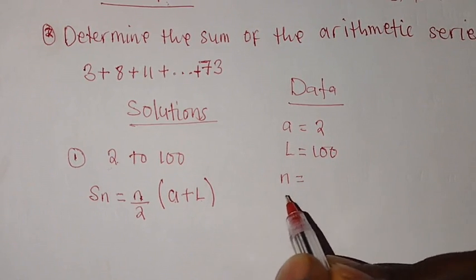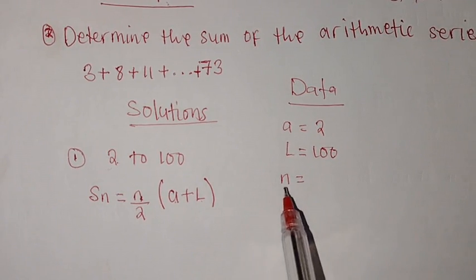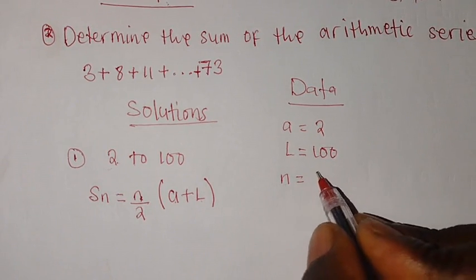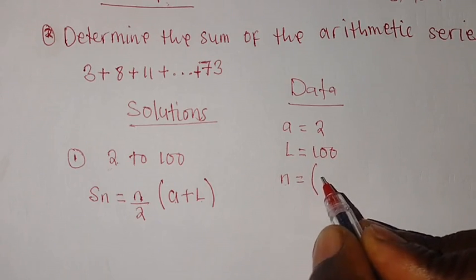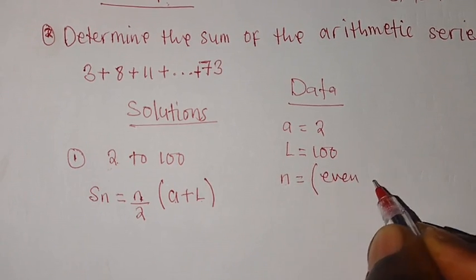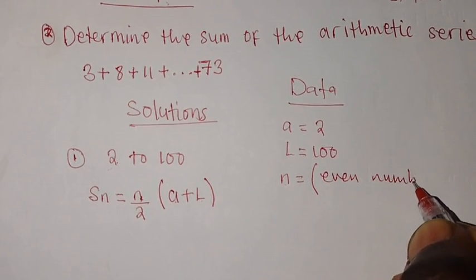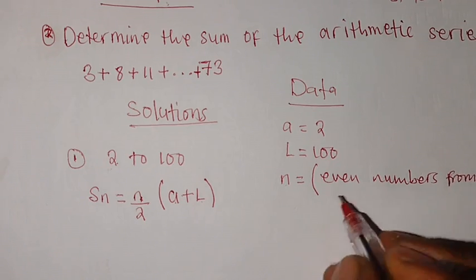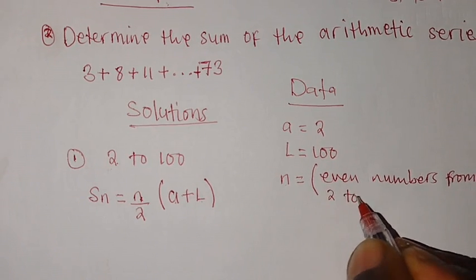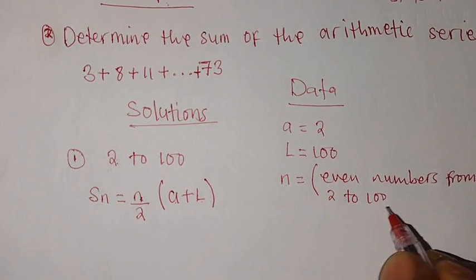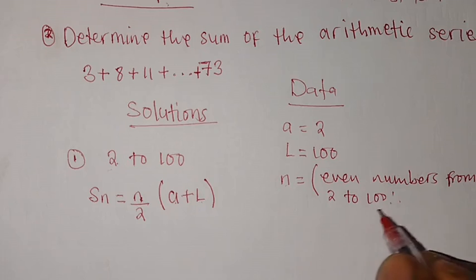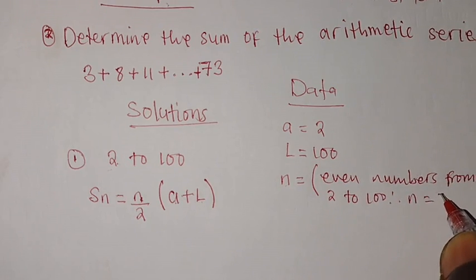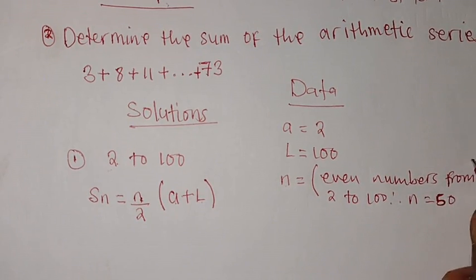Then n: we are talking of even numbers from 2 to 100, and therefore they will be 50. The even numbers from 2 to 100 are 50.